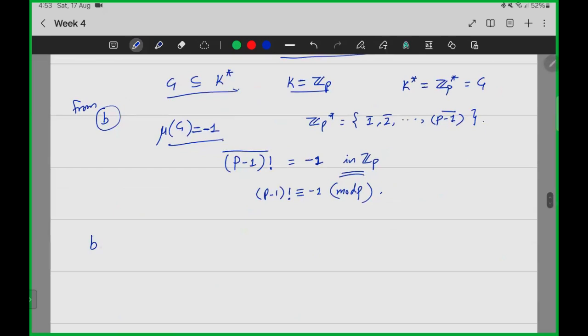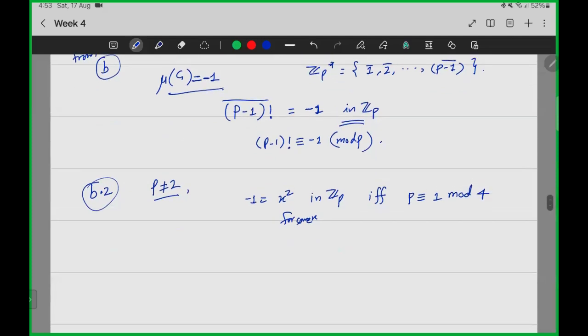So in part C, we have p is not 2, it is given, and we have to show that minus 1 is the square of something in Z_p if and only if p is congruent to 1 mod 4.